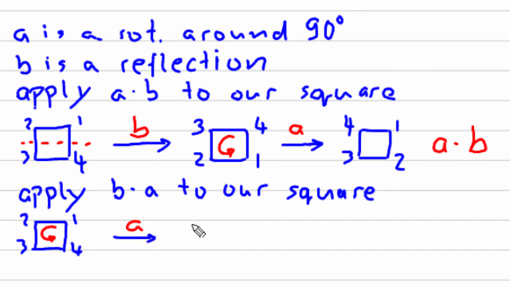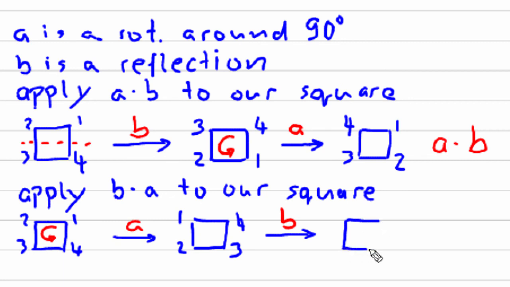Now what's the result? It is actually a square which has these corners 1, 2, 3, and 4. And then we apply symmetry operation B and end up with a square after reflection, and just mark the reflection plane here again. It's again here.